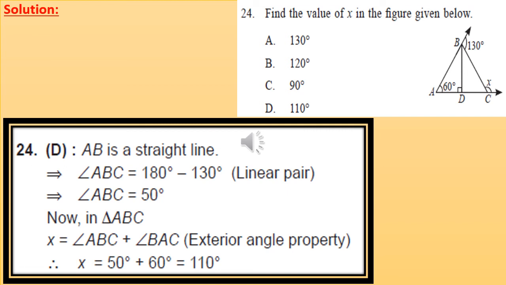So angle ABC is 50 degree. Now in triangle ABC, x is equal to angle ABC plus angle BAC by the exterior angle property. So x will be 50 degree plus 60 degree equals 110 degree. The correct option is D.